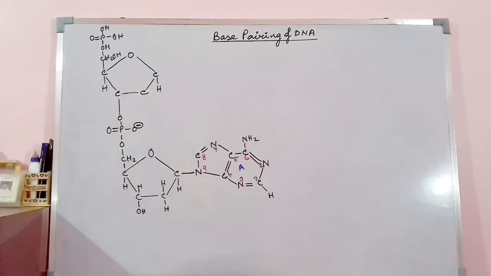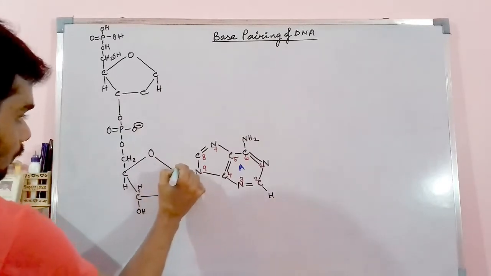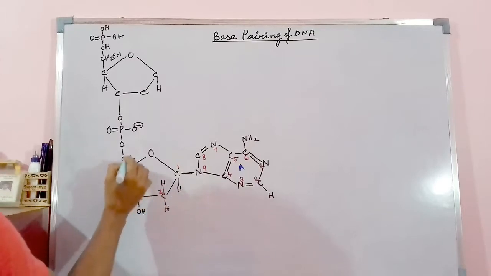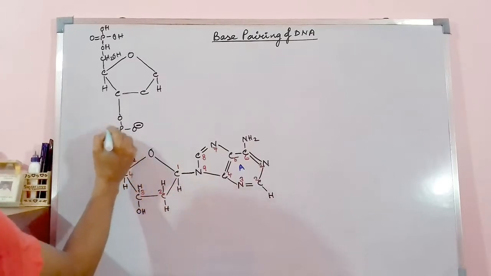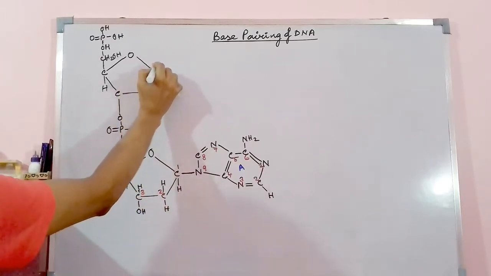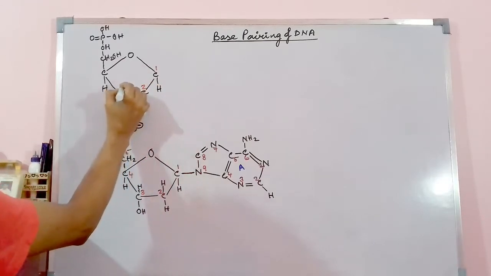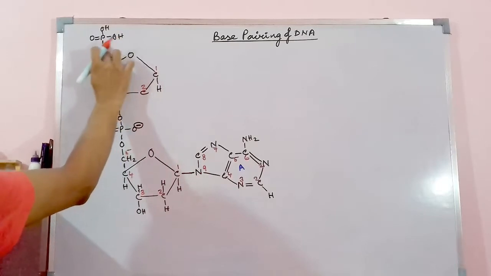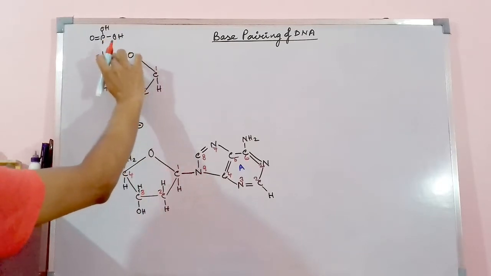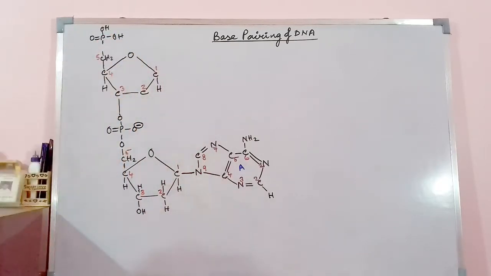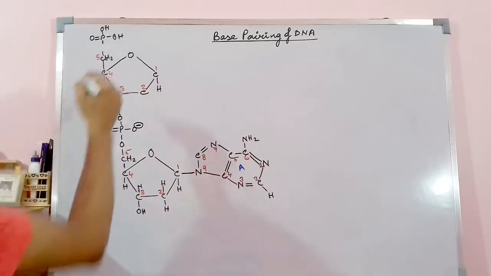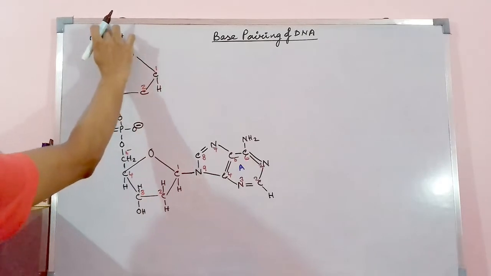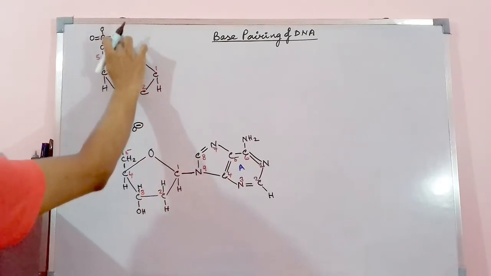Okay, and this is the first carbon, this one is the second carbon, this one is the third carbon, this one is the fourth carbon, and this one is the fifth carbon, which is having the phosphate. Here also this one is the first carbon, this one second, third, fourth, and this one is the fifth carbon. So if I remove the water from here also, it will have the same configuration, and here it would be different.